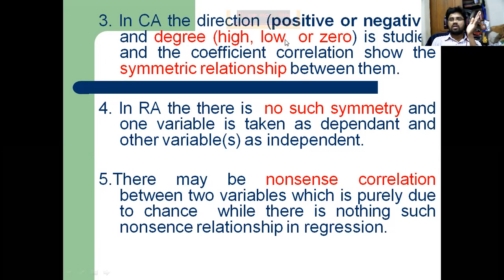If r is 0.3 or 0.4, we can say there is low correlation between the two variables, right? So we have studied correlation. The coefficient of correlation shows a symmetric relationship between the variables.